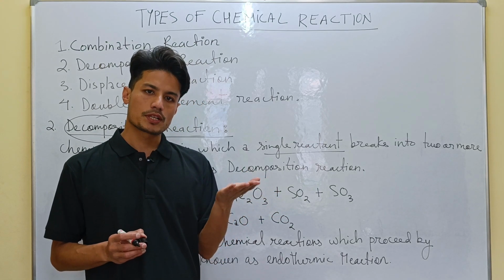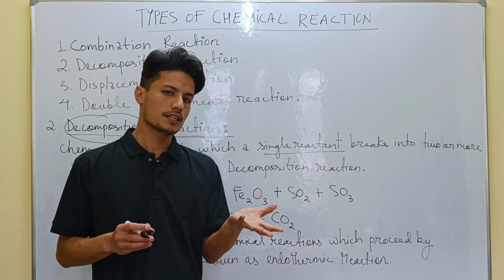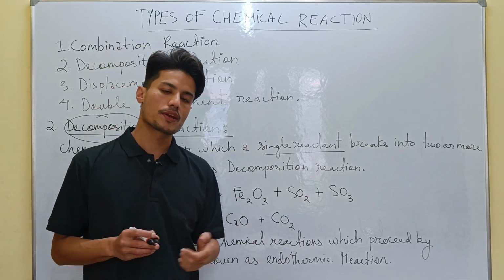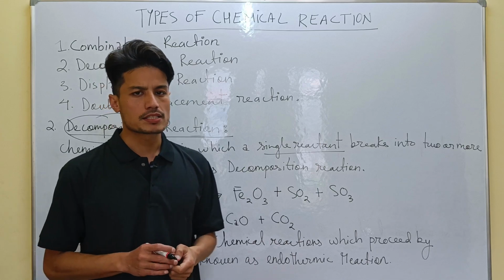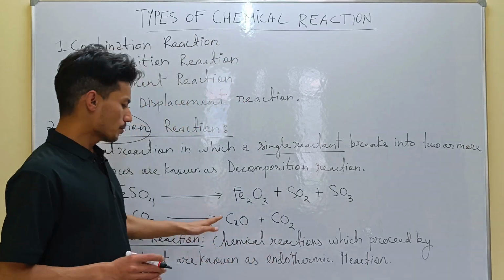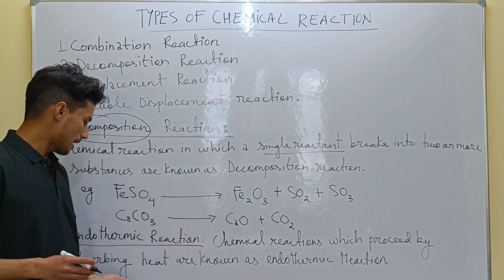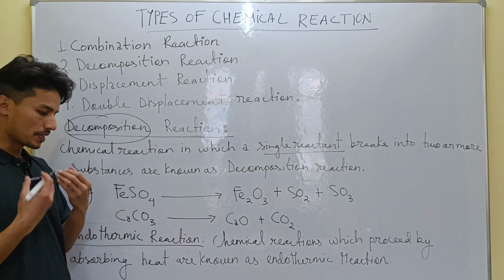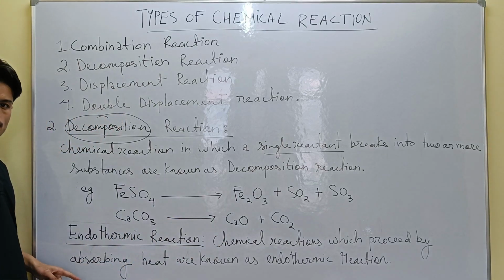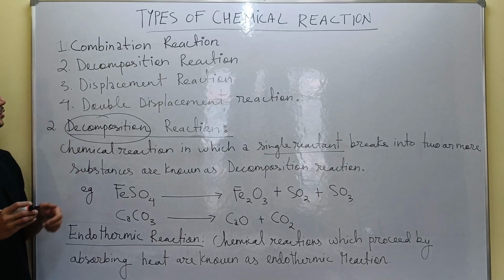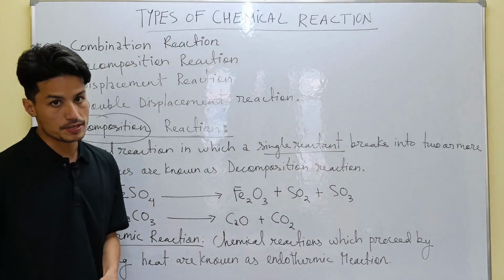It will absorb heat energy from your hands and start melting. It will undergo a change in state from solid to liquid. So a simple example is melting of ice. Such chemical reactions which proceed by absorbing heat are known as endothermic chemical reactions. All right, so now we will go to the third one, which is displacement reaction.